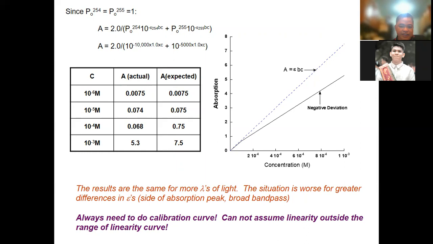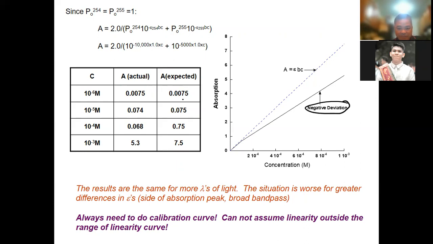So the A that is actual versus the A that we could expect. And if we look at this, you could see here a negative deviation. That means the actual value didn't follow Beer's law.